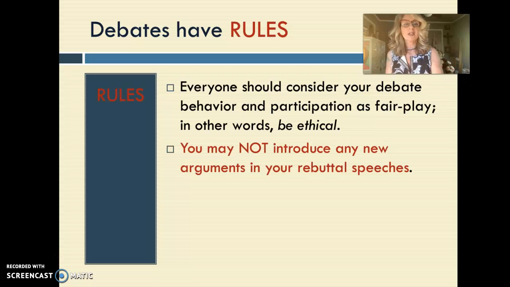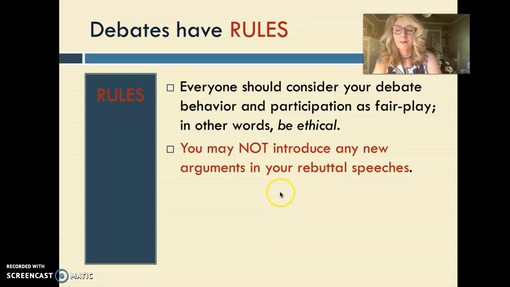You may not introduce any new arguments in your rebuttal speeches. So I said that already. When you get to the rebuttal phase, which is 1 minute apiece, it means not prepared, meaning you can't bring the materials, but you get to prepare on the spot what you're going to say. You can write some things down so you can remember, but you have 1 minute to rebut.